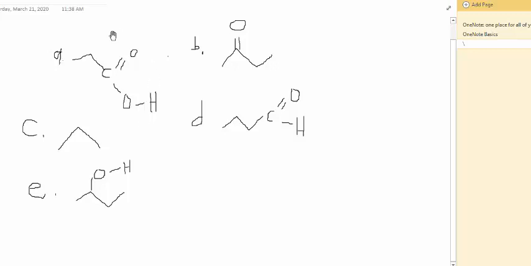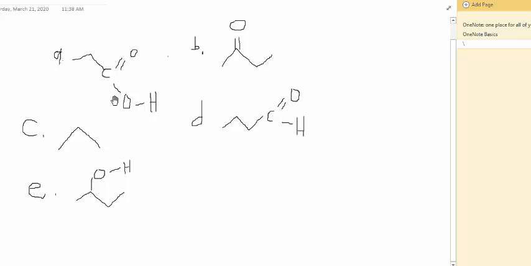Here's your propanoic acid. This is the carboxylic acid functional group that's in propanoic acid. Is this polar? Yes, it's asymmetrical. The right side is definitely a lot different than the left side. Is it very polar? Yes. Why do we know that? Because there's the potential for hydrogen bonding to happen between these molecules.